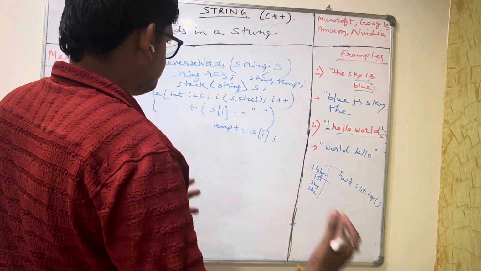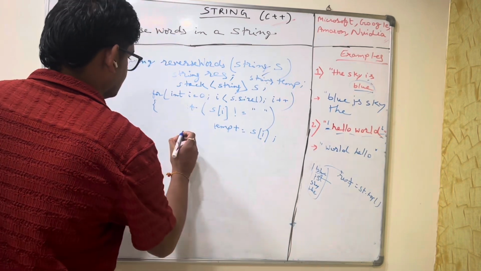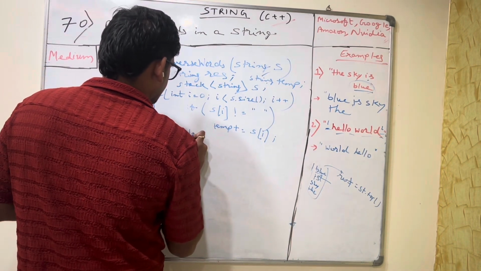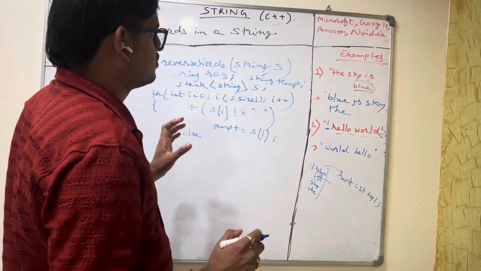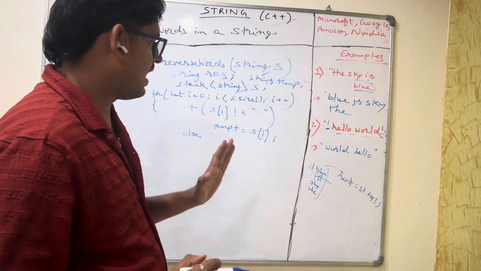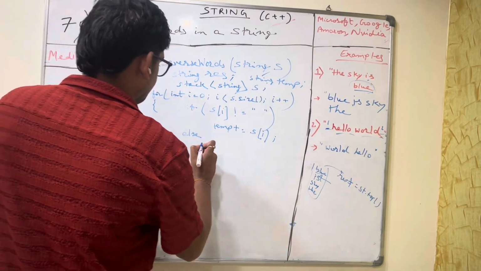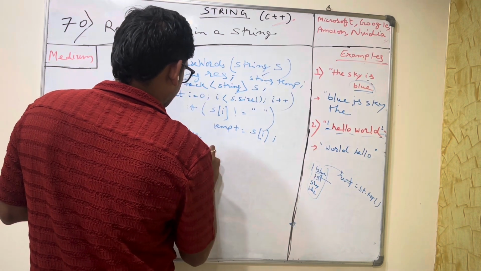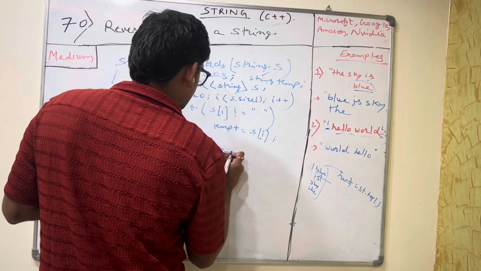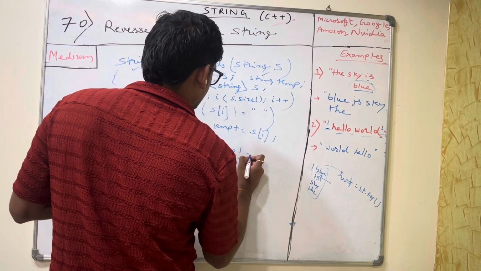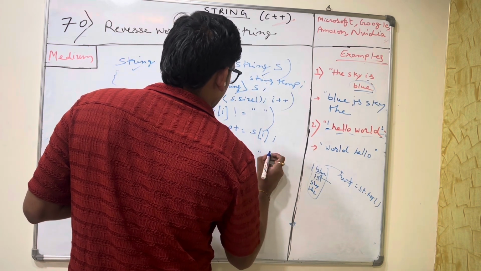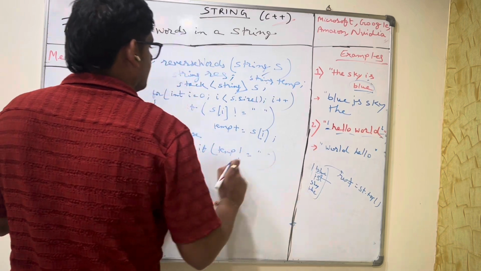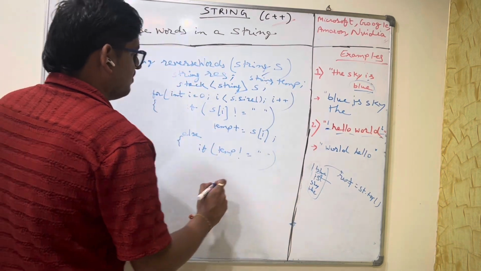when we get the space, okay, else, so when we get the space, then we need to stop and we need to see if, else, okay, if temp is not empty, then what do we do if temp is not empty?